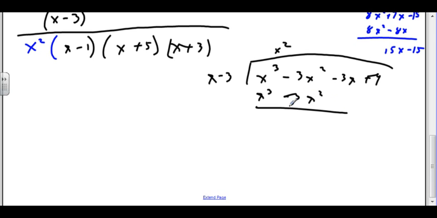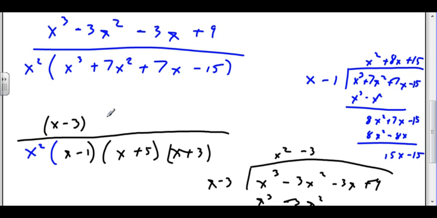I subtract, and I get nothing. So that means this is going to be x squared minus 3, and that's plus or minus the square root of 3, 1.732.